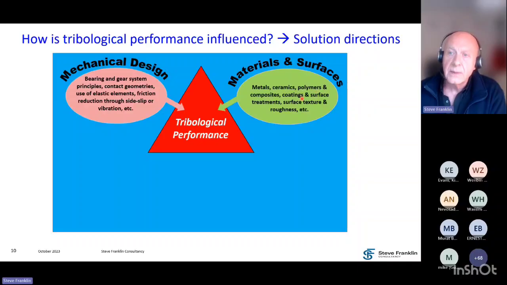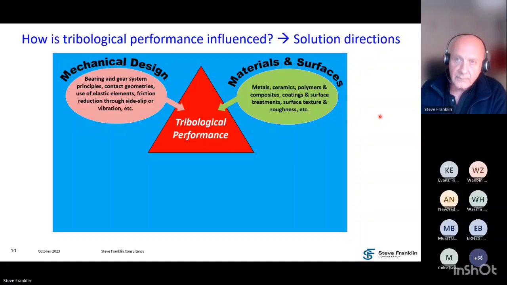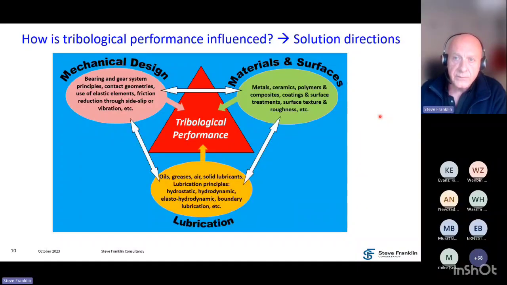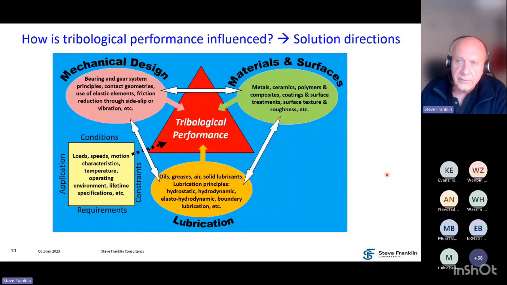So that's possible. We can also look at surface texture and roughness, also a big influence. And then thirdly, we can look at the lubrication area, so both the types of lubricants and also the lubrication principles to influence the tribological performance. And these three interact with each other, and hopefully we find solutions.